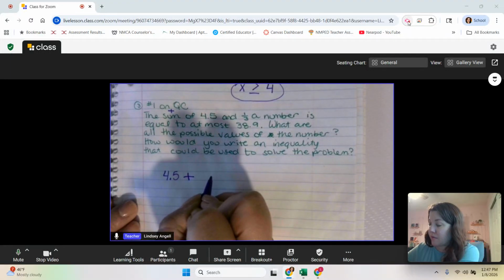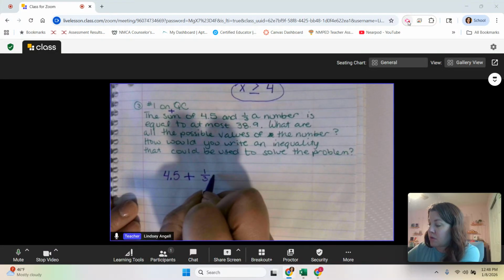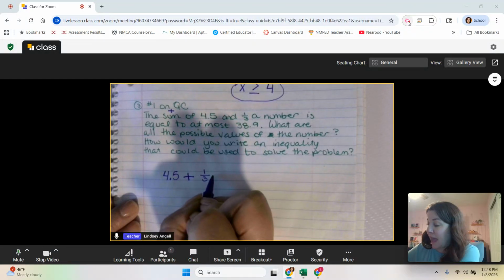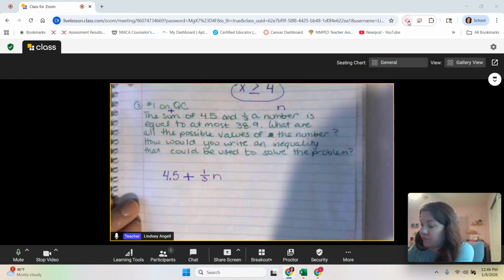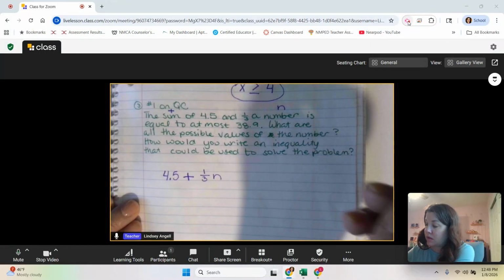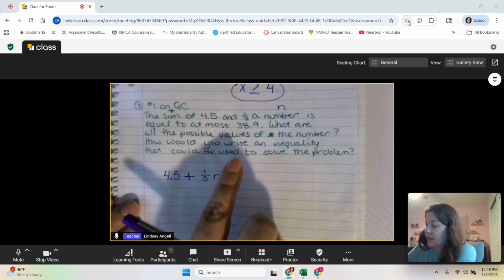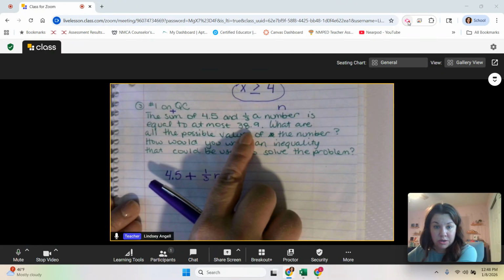But we could say 1/3 multiplied by a number, and I think they use the letter n. Okay, so we'll say n for number. So the sum of both of those is equal to, at most, 38.9.